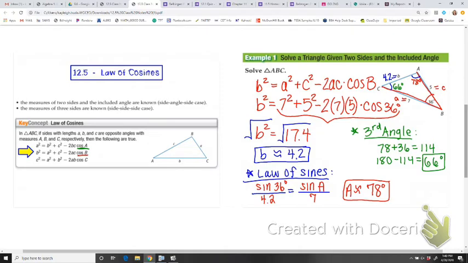So you'd have 7 times the sine of 36 divided by 4.2. And you'll probably get a decimal. Remember, you need the inverse sine of that, and you'll get 78 degrees to the nearest whole number. So once I have 2 angles, you can add them up and subtract it from 180 to find the third angle, which is 66 degrees.